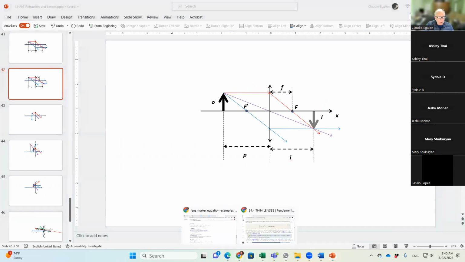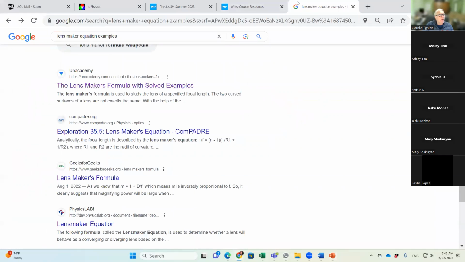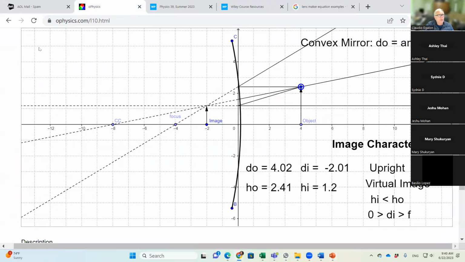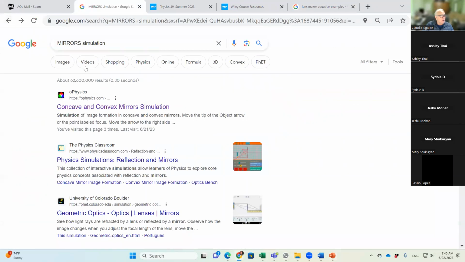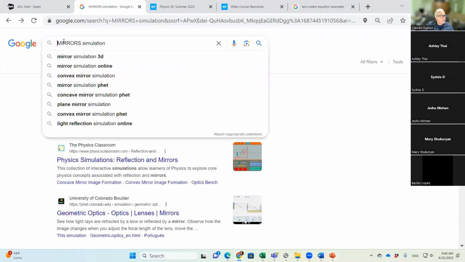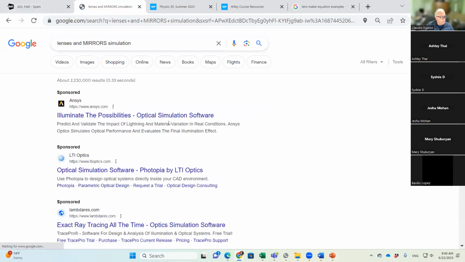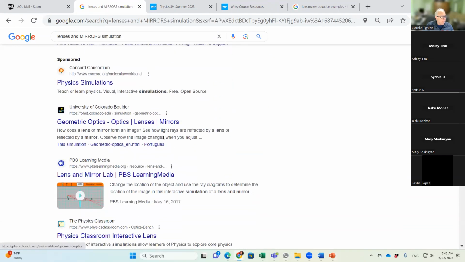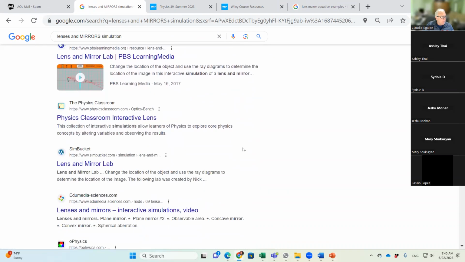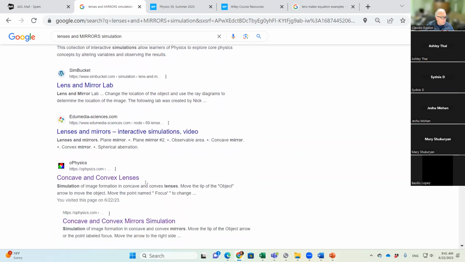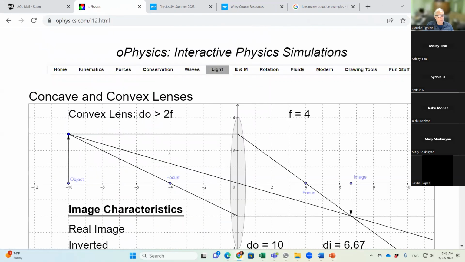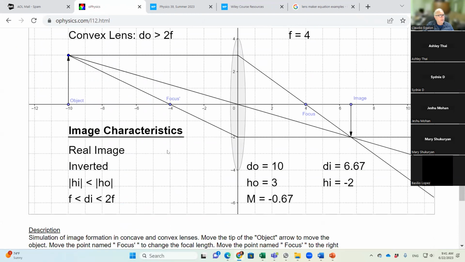Let's take a look at our simulation. We go to simulation, we gotta get lenses. Lenses and mirror simulation. This is a mirror lab. Concave and convex lenses. Here you go. That's the one. Okay. So the focal point is 4 units.